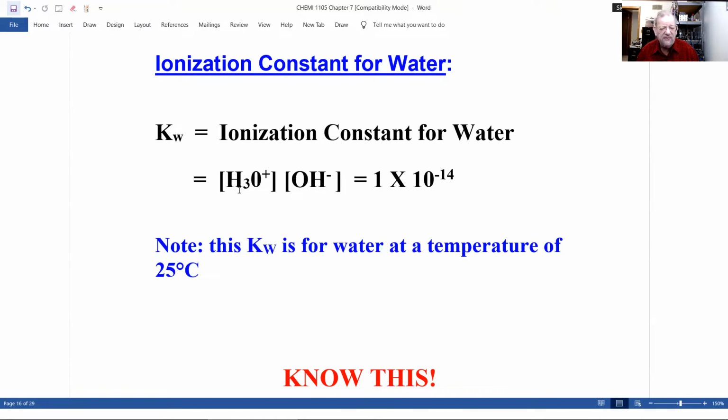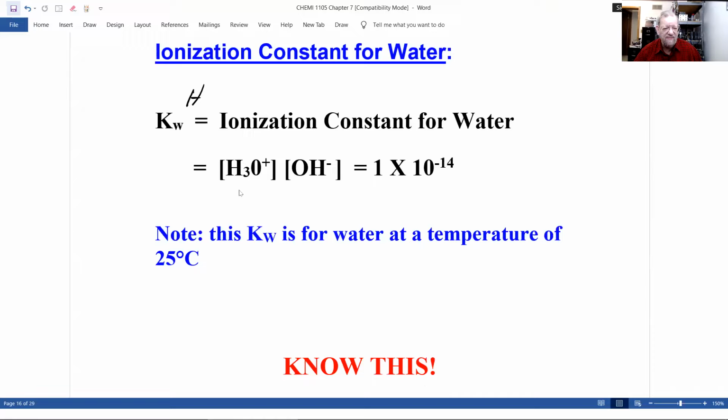And for that, by the way, new material, I didn't do this yesterday, for the following reaction, there's a constant called Kw. I wish it was named after me, but it's called the water ionization constant. K is for constant, W is for water. But I still like to look at it and think, oh, it's honoring me.